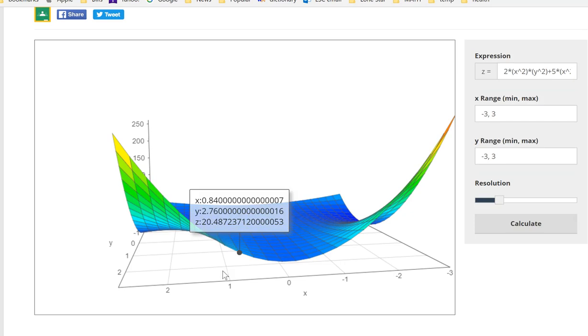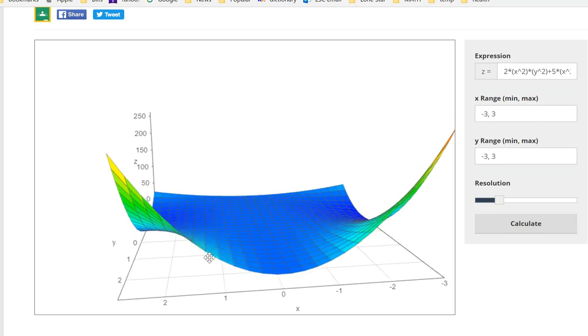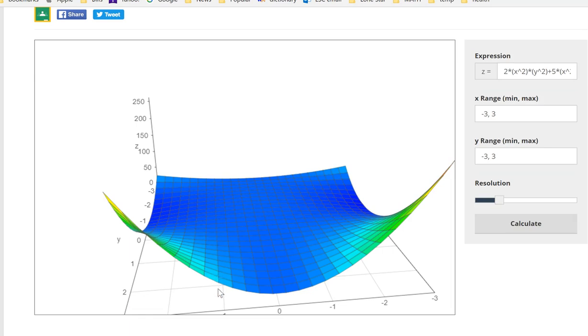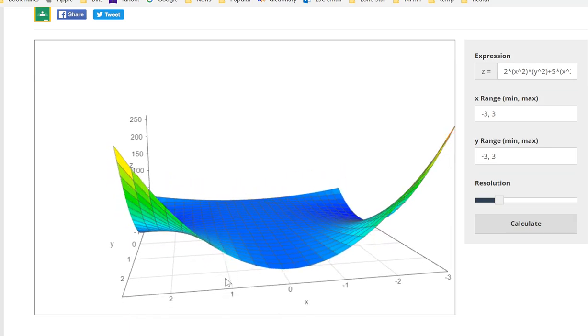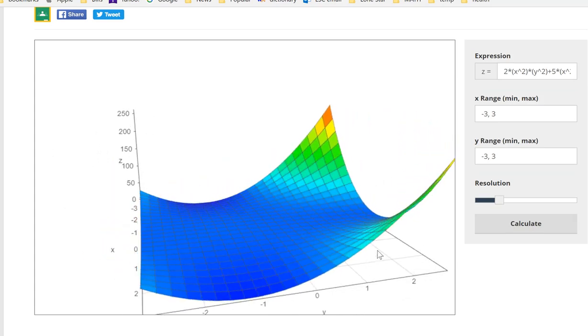There it is on the graph itself. If you look, going in the x direction is pretty steep, but going in the y direction over there, it's not as steep going this way.